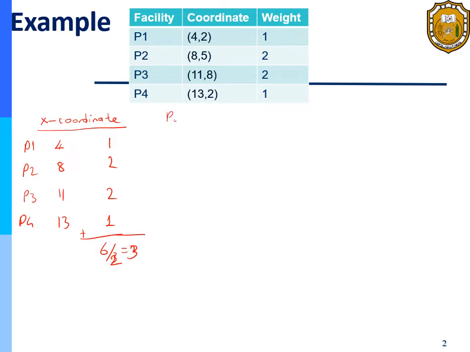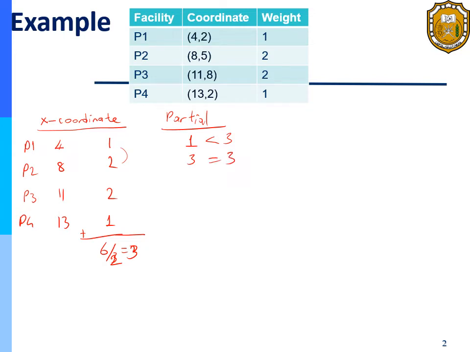Then the partial sum of the weights, if I write it here, for the first one it is 1, and as you can see it is less than 3. The partial sum here is 3, which is equal to 3.